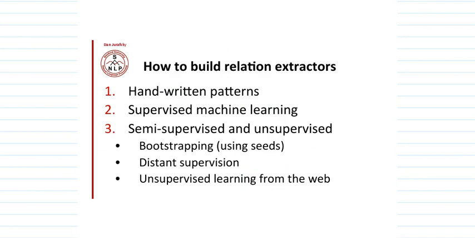So how to build a relation extractor? In principle, for whatever task we studied, we saw that we could solve it with primarily three approaches: handwritten patterns, supervised, and semi-supervised. Handwritten patterns work quite well when we have a small amount of data and the rules don't change with time.